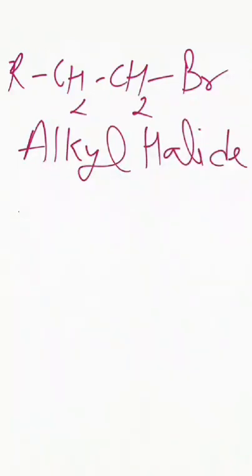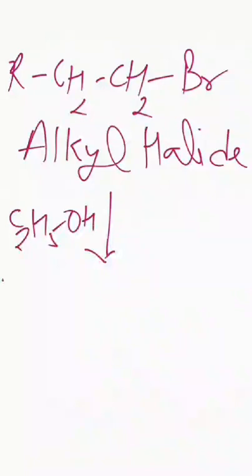For the dehydrohalogenation, I have to react this alkyl halide with alcoholic KOH, C2H5OH, alcohol, because I need a strong base, so I have to use ethanolic KOH or ethanolic NaOH.